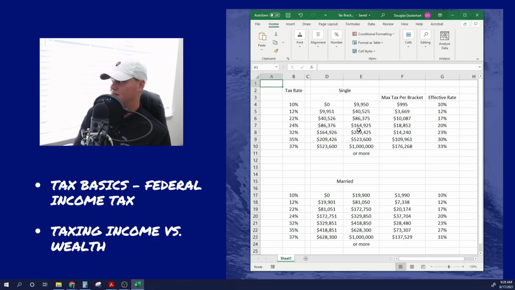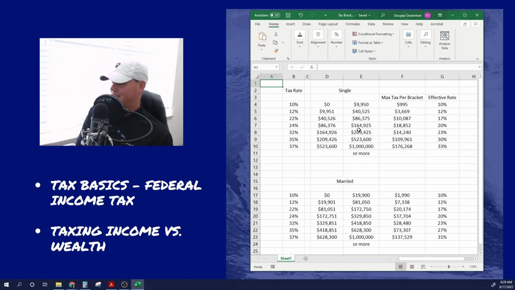Then from 9,951 to 40,525, those dollars are taxed at 12%. So you're not taking all of your income and getting taxed at whatever your top bracket is. In that same example, you're not just saying, oh, I make 85,000, that's the taxable value, so multiply by 0.22 and that's what I pay in tax. It doesn't work like that.